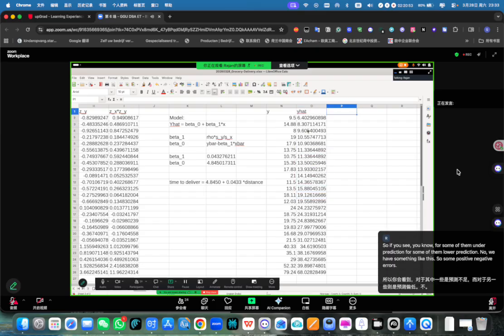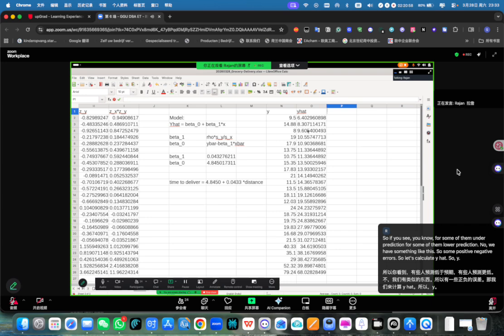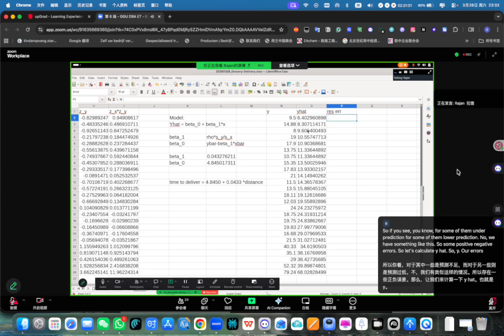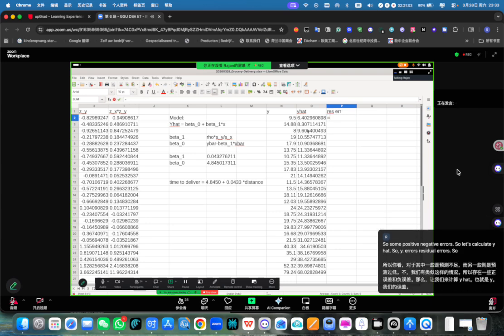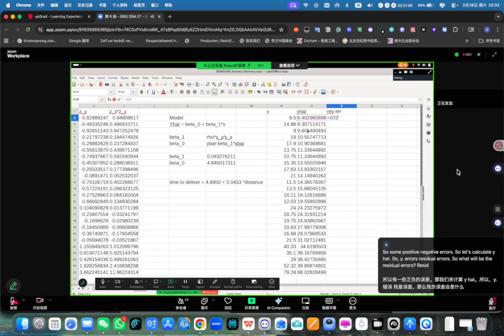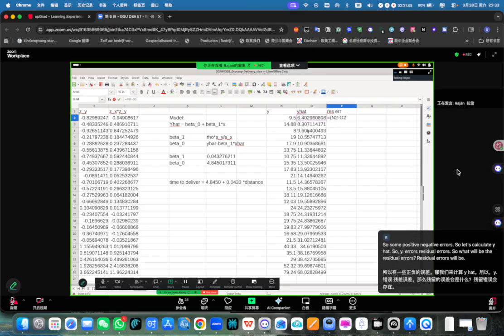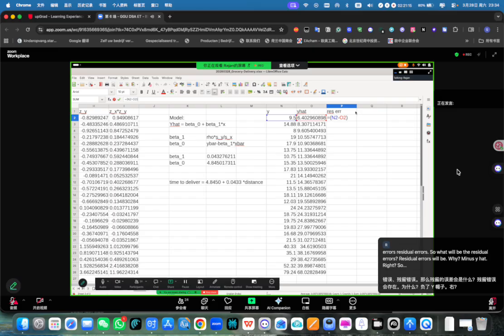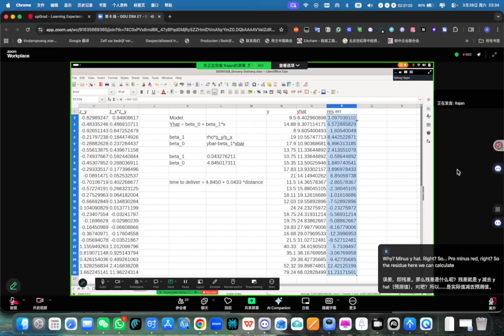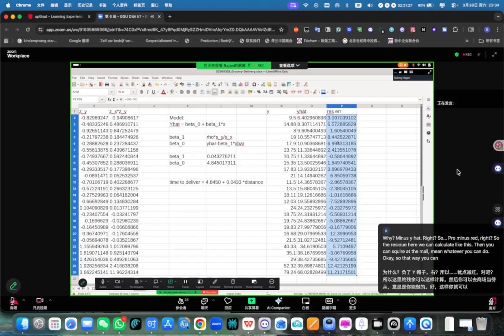These are residual errors. Residual errors will be y minus y hat, so blue minus red. So we can calculate the residual error like this. Then you can square, add, take the mean, whatever you want. That way you can calculate the R squared value.